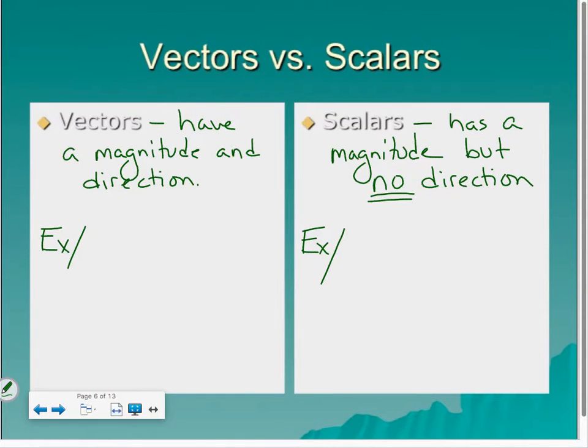Do you need a direction for volume? That's the distinction. Do we need to say, oh, that was 35 milliliters north? Nope. So that makes it a scalar. So we could say volume is a scalar. Along with volume, let's throw in area because it's very similar. How about mass? Do you need a direction for mass? Nope.